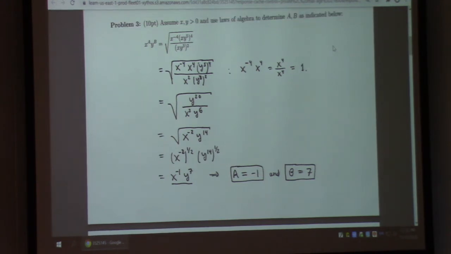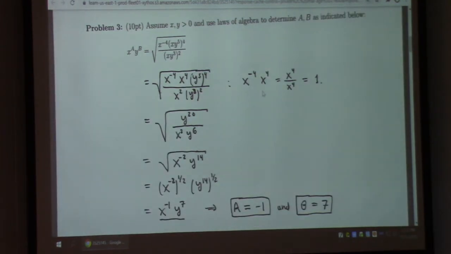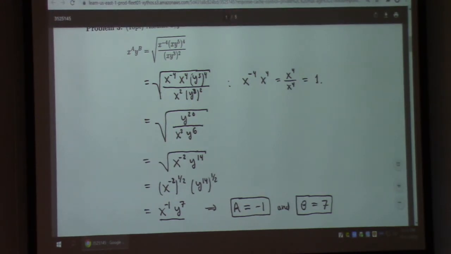Let's see here. Any questions about problem 3? Now, my advice here is if you got this wrong, then, I don't remember on an individual basis who got what wrong, or if anybody in here got this wrong. Maybe, I think somebody got it wrong. So here, a good way to study, and this is actually true for all the problems, is, I have posted blank copies of the test, right?